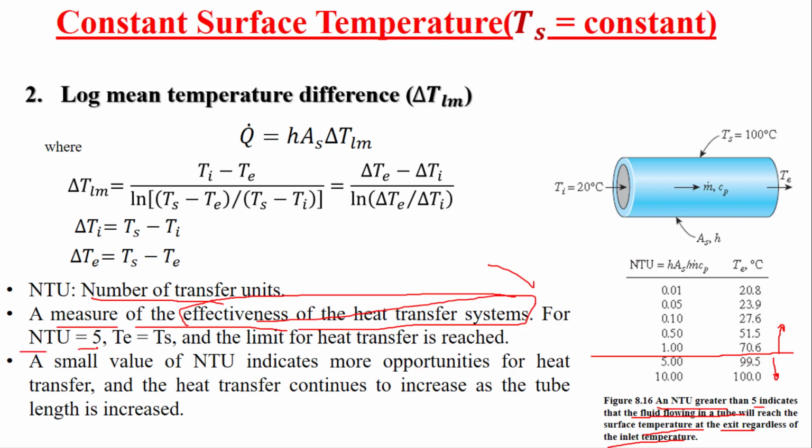For NTU equal to 5, T exit is almost equal to T surface, because we are talking about 99.5. And the limit for heat transfer is reached. Whereas a small value of NTU indicates more opportunity for heat transfer.